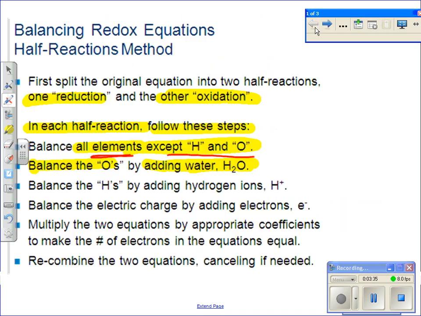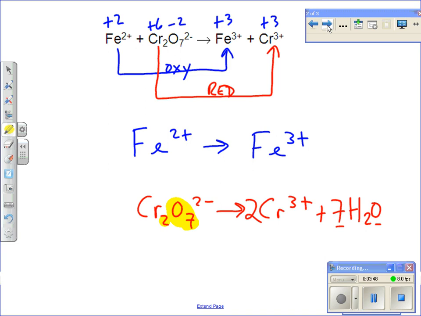is I have to balance the H's by adding H plus. So now I balance the H's by adding H plus. So I go back to my original equation. Fe2 plus and Fe3 plus have no H's, therefore they don't need to be balanced.